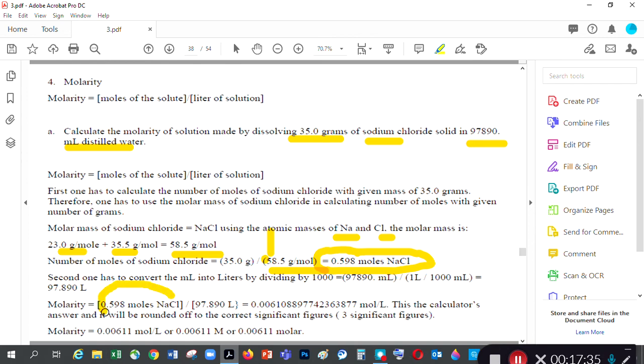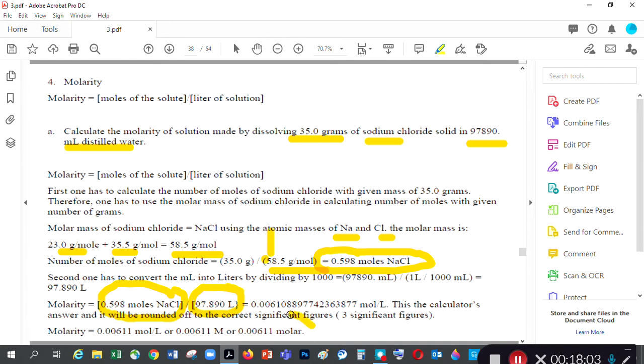So moles of sodium chloride divided by liters of the solution, and rounding to 3 sig figs, we get the value of 0.00611 mole per liter. Please note that this molarity can be written in 3 different ways: mole per liter as a unit, capital M, or molar.